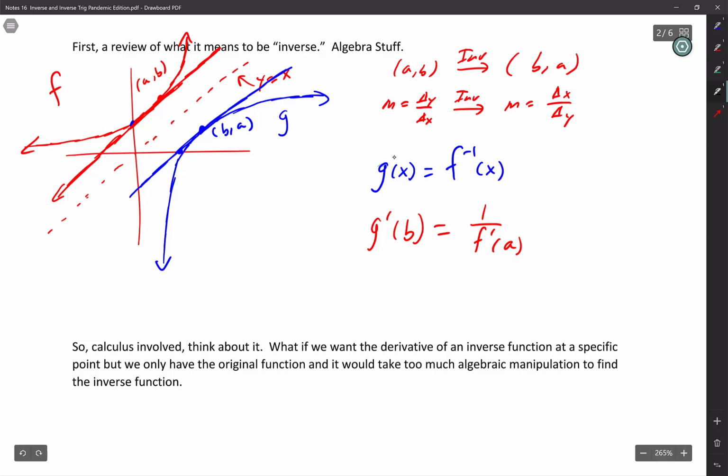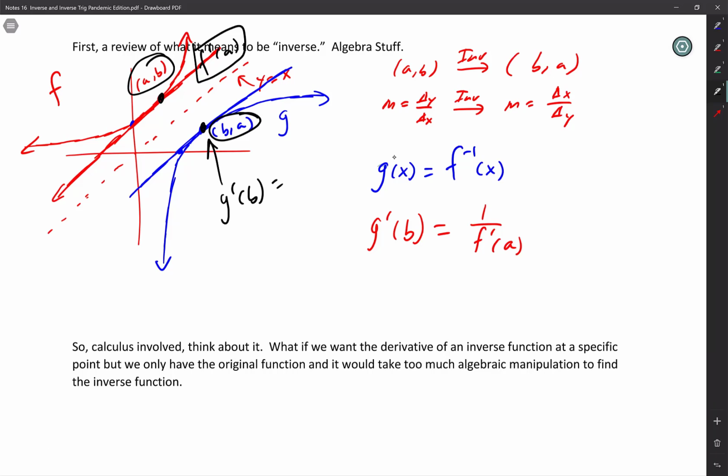This point right here is at A, B. This point right here is at B, A. It's practically the same point, but they're inverses of each other. So if I have that slope, F prime of A, and I want to know the slope of G at B, then all I do is take the reciprocal of whatever the derivative was at A.